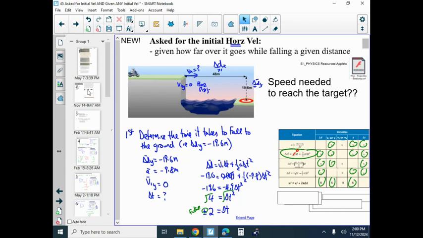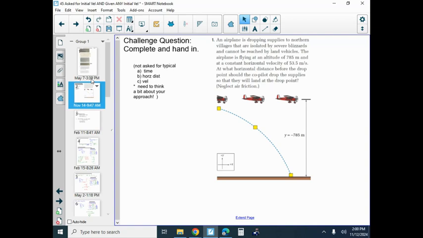So the challenge question that goes along with this is this one here, where you have an airplane flying along, going to drop supplies. They're just going to undergo horizontal projection, right? Projectile motion going to the bottom. So they're just dropped with a sideways velocity. You're given lots of information: the velocity of the plane, and how far it needs to land.